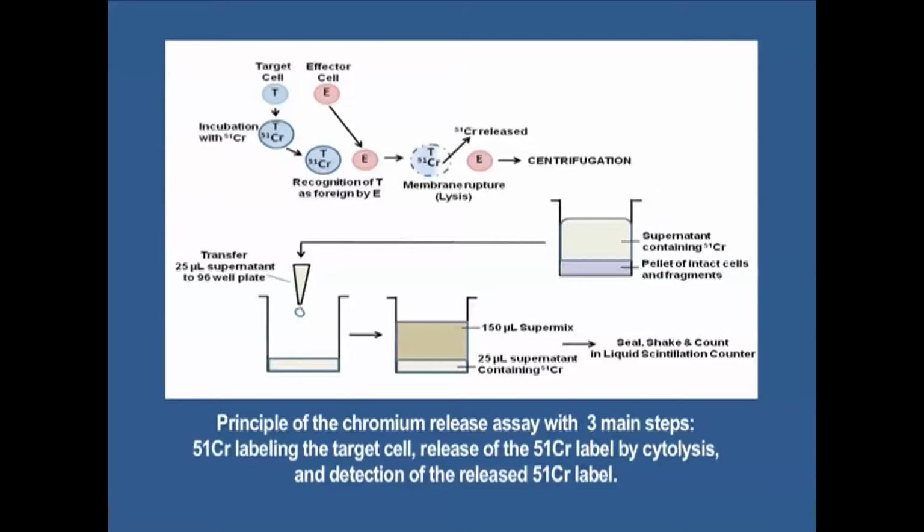This supernatant is now transferred to a microtiter plate, or an ELISA plate. It will be subjected to autoradiography or a scintillation counter, and we can detect the level of Cr-51. Depending upon the level of Cr-51, we can say this amount of cells are affected.